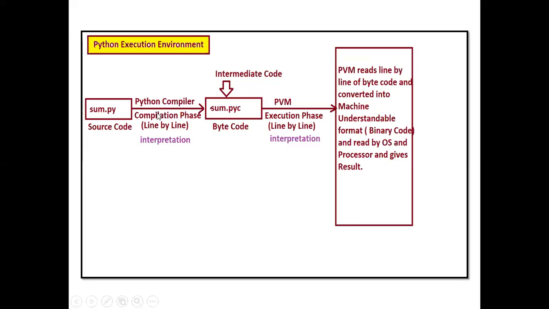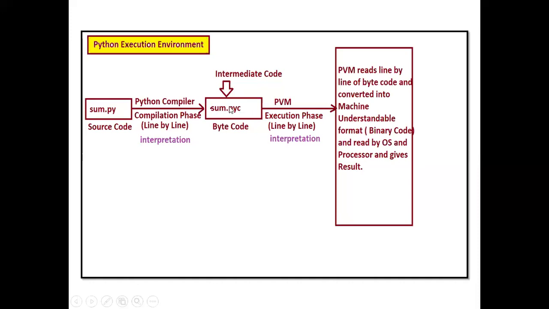It reads the source code line by line, checks and verifies the syntax, and the whole process takes place. Then it converts it into the intermediate code, that is sum.pyc, which is an internal process. This is the bytecode.